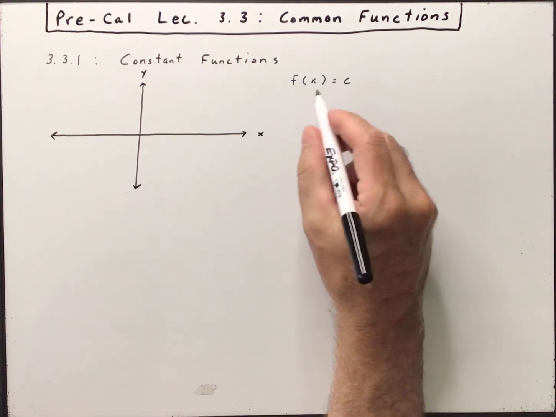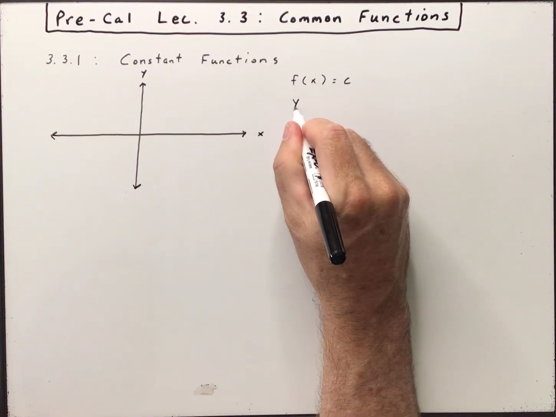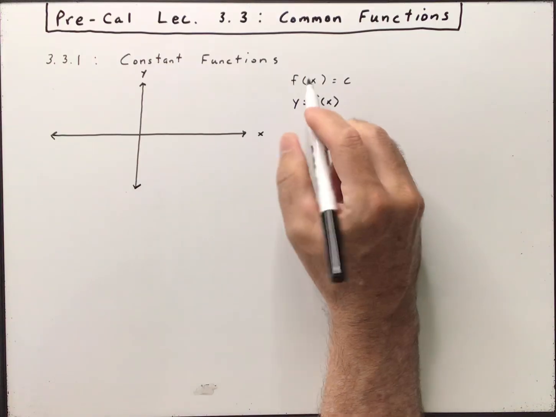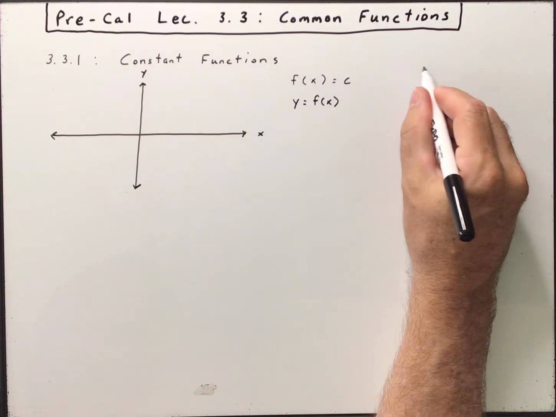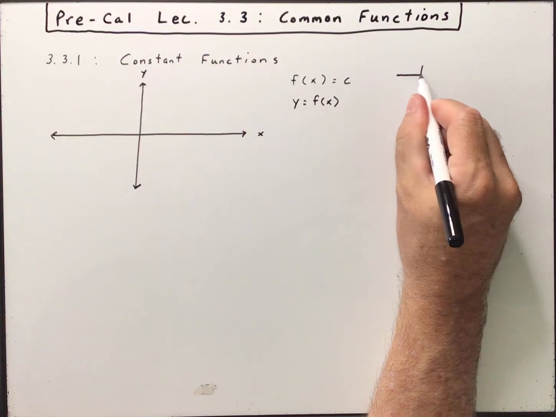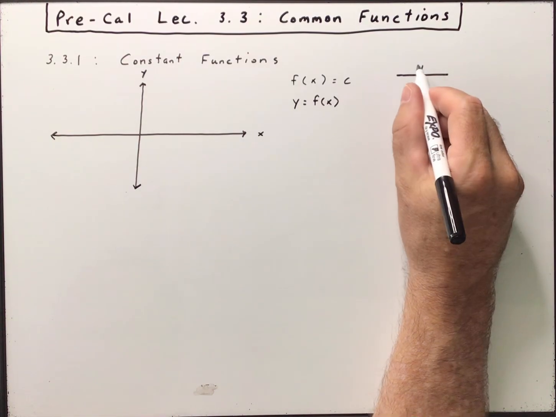Okay, so f of x is just a fancy way of saying y. But this is function notation, and it's very, very useful in math. So we're going to start moving away from y and moving towards using f of x.